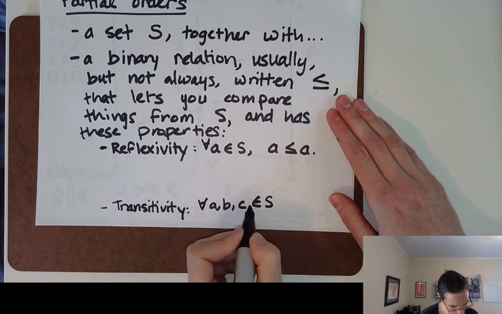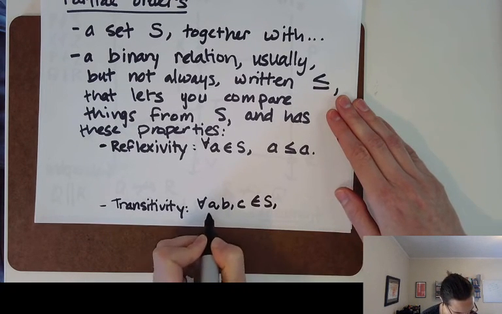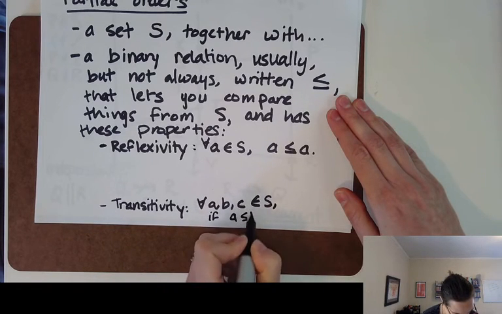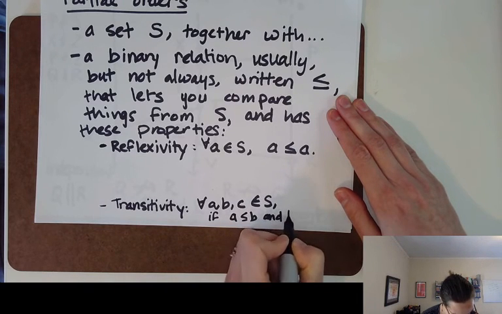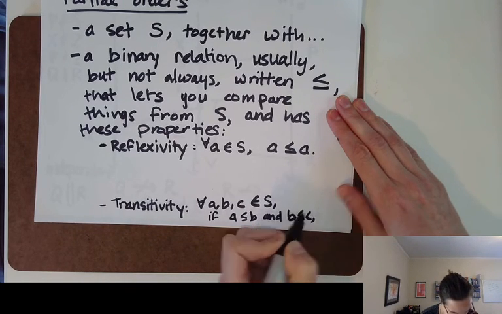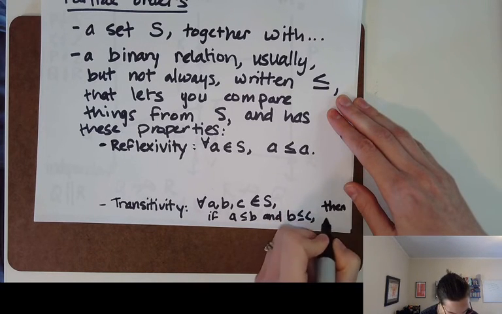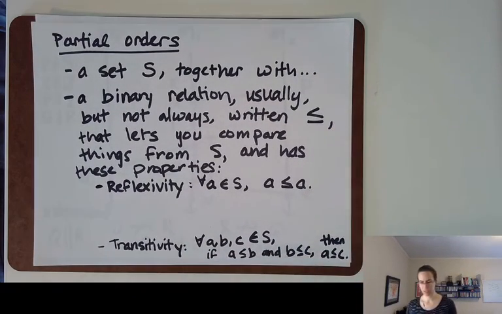So I'm saying that A, B, and C are in S, or are members of S. So transitivity says that if A is related to B and B is related to C, then A is related to C. That's what transitivity says. What am I missing?